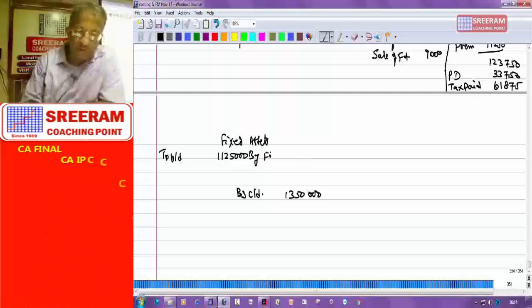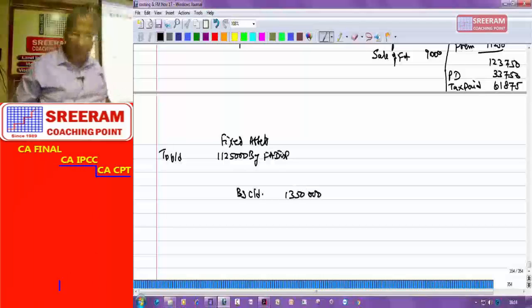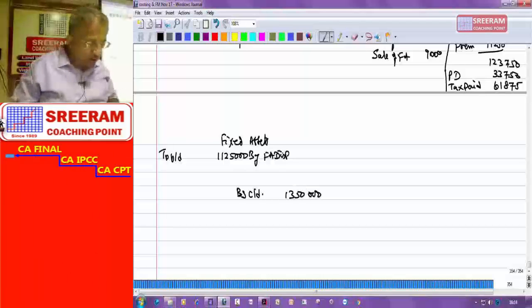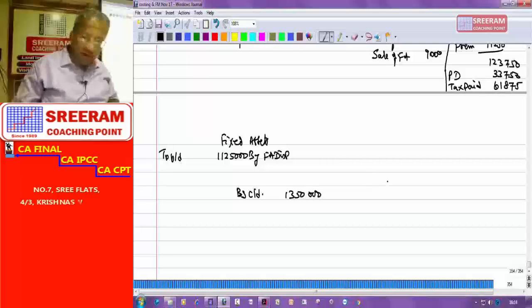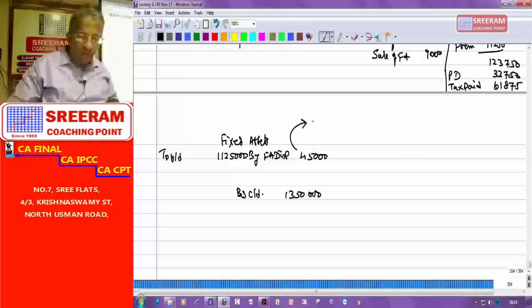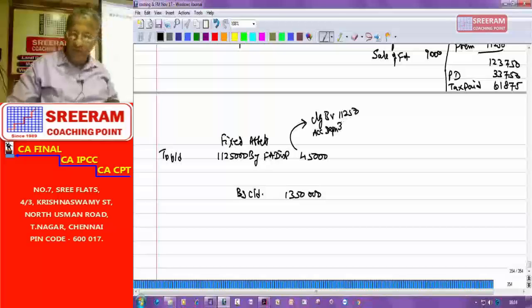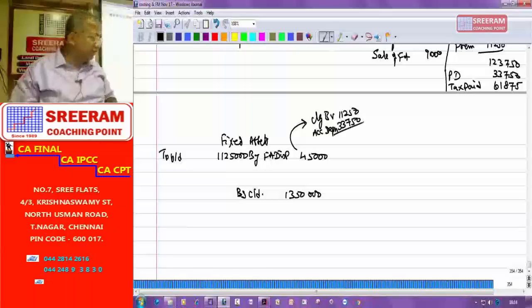There is a new account that I am just opening, fixed asset disposal account. So book value is 11,250, accumulated depreciation against that being 33,750. Then what would be the original cost? Original cost would be 45,000. How are we arriving at this 45,000? Closing book value 11,250, accumulated depreciation so far charged 33,750. If you add these together, it comes to 45,000.